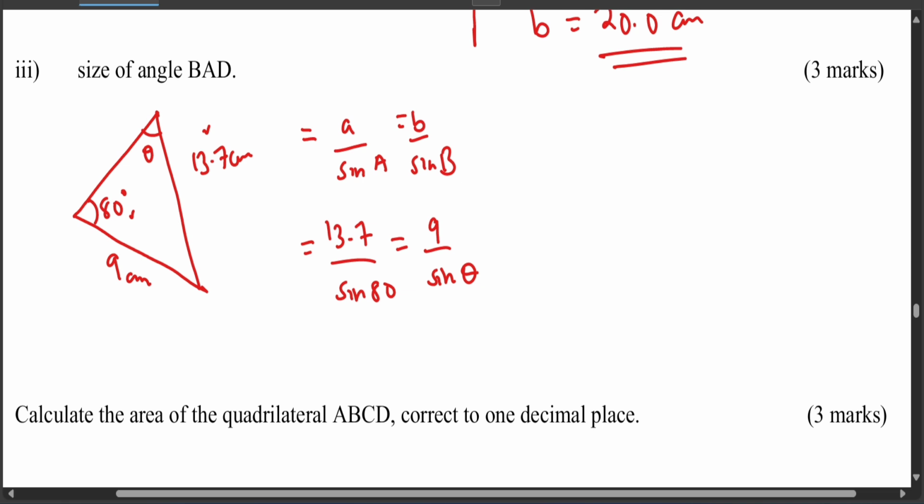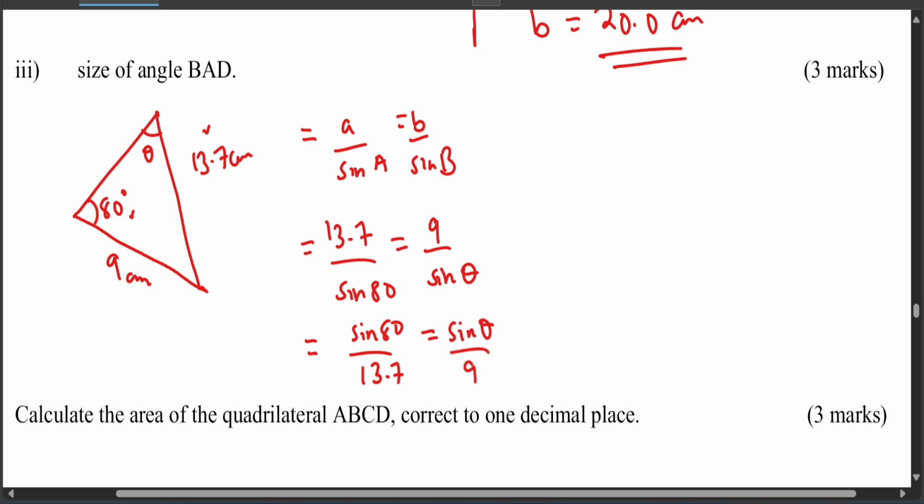So from there it's very easy. Ukipata angle waweza ukaflip flop, yani ile angle ukapeleka juu, side ukapeleka chini, as long as the other side pia umefanya hivyo. So sin 80 nimepeleka juu divide by 13.7, na sin theta peleka juu divide by 9.